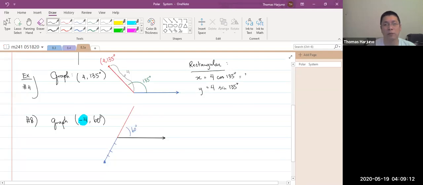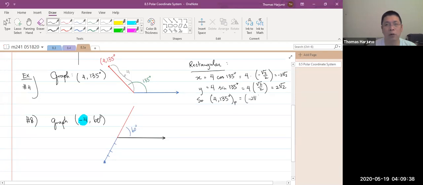That will be 4 times negative radical 2 over 2, negative 2 radical 2. And this is 4 times radical 2 over 2. Sine is positive in quadrant 2. This is 2 radical 2. So 4 comma 135 degrees in polar is the same as negative 2 radical 2 comma 2 radical 2.